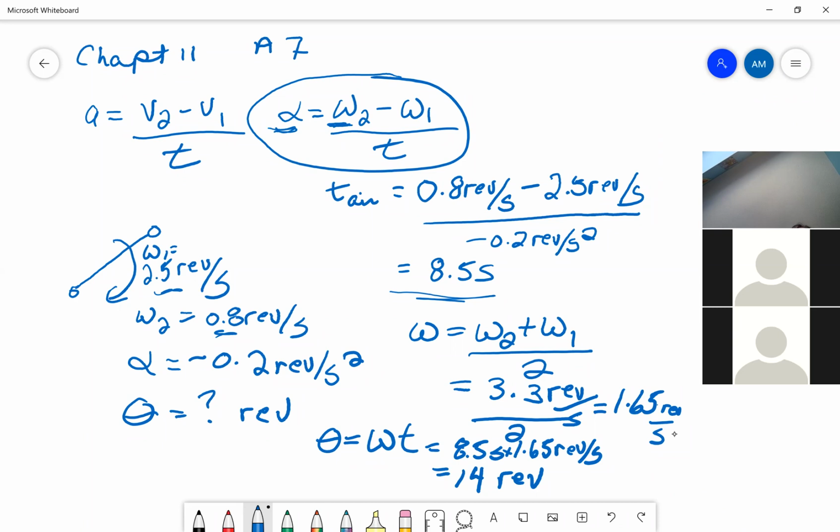So you are given V2, V1, A, and you just need to find theta, which would be the d.